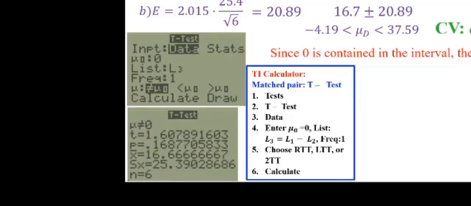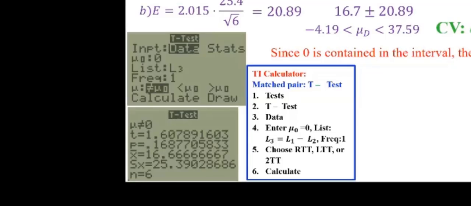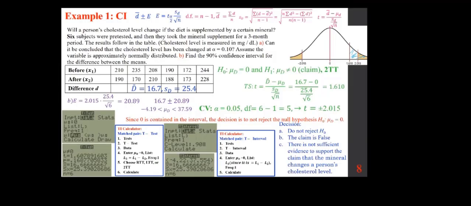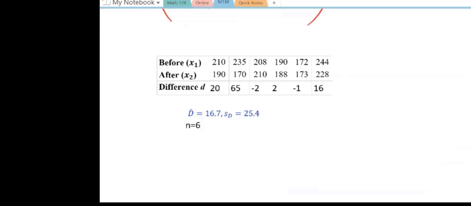And the p-value, by the way, would be this area to the right of 1.610 times 2. And we have the result for the confidence interval also. We use the t-interval to do that. So we have the test, we have the t-interval.